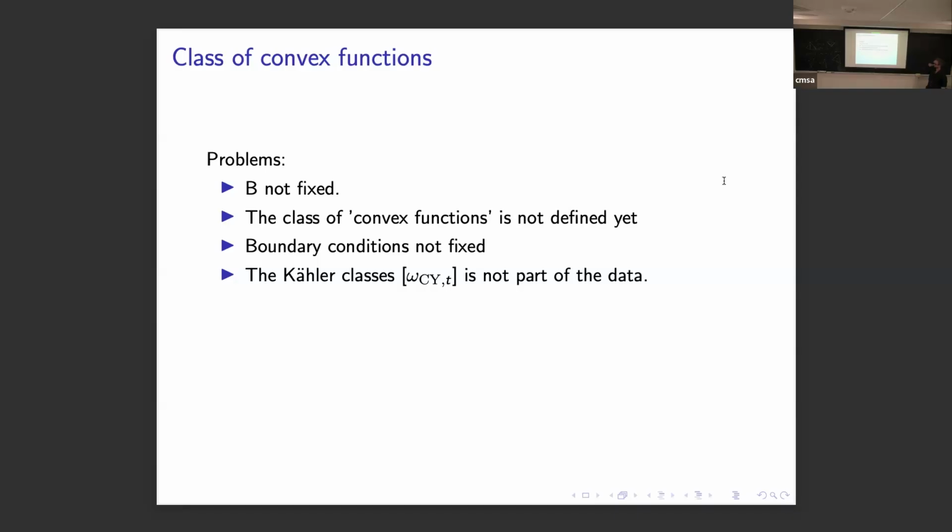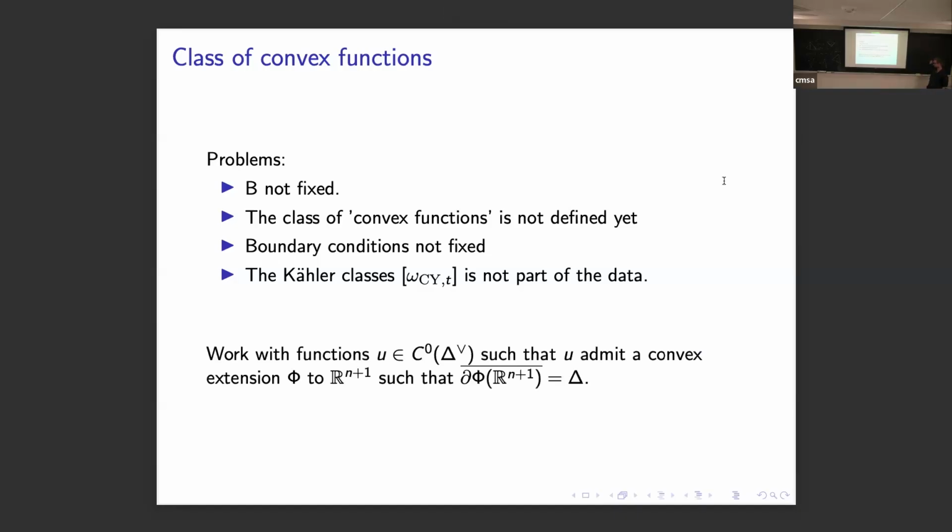We don't really know what sort of a class of functions we should look at. So you can imagine if at least B was fixed, we might want to add some boundary conditions, but we don't really know how to do that. And also from a more geometric viewpoint, the Calabi-Yau matrix depends on the choice of polarization, and this has not really entered into the data yet.